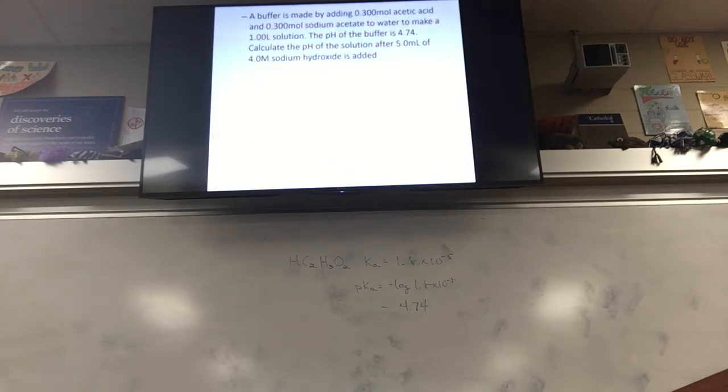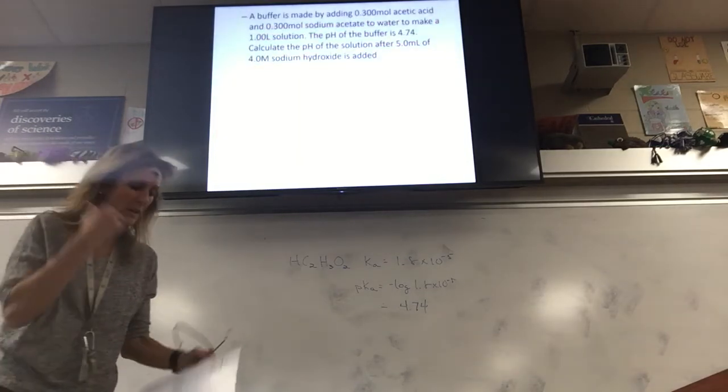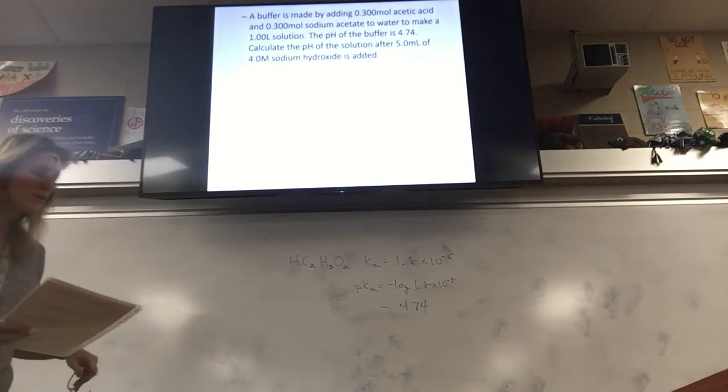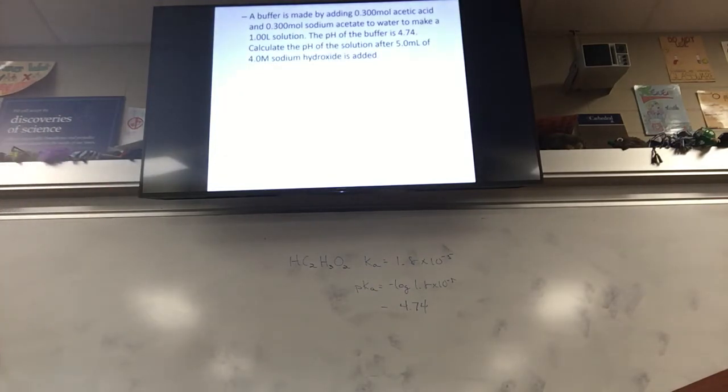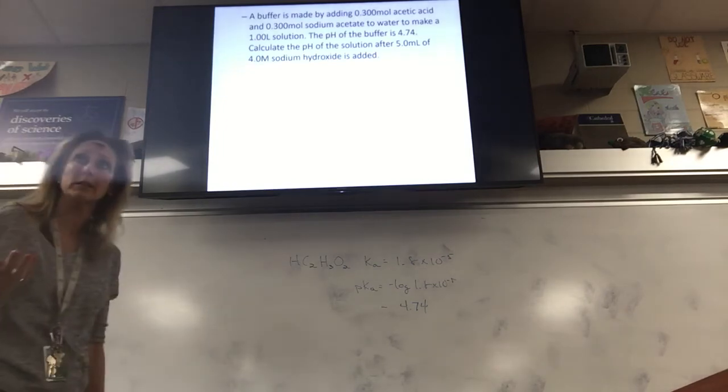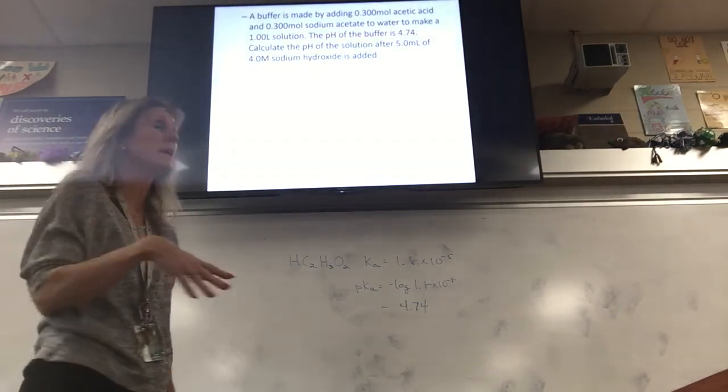Okay, then our final slide here shows how we can do a calculation. Again, acetic acid, that's probably our most common weak acid that you'll see a lot of. So we have 3 moles of that, as well as 3 moles of the salt of that weak acid, sodium acetate.